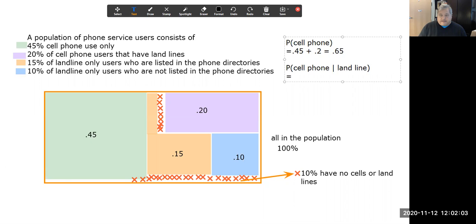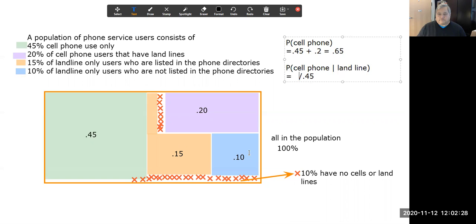Given that they have a landline means there's 45% of people who have landlines. Where are the 45% of people who have landlines? They are the purples, the orange, and the blue.